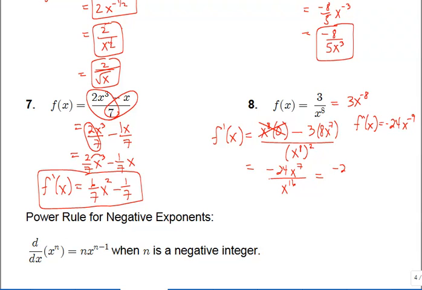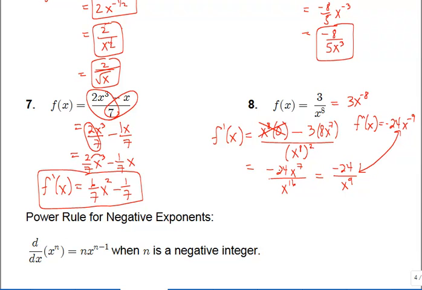I'm going to leave the -24 on the top, and I'm going to put my answer in the denominator and make that exponent positive because 16 is bigger than 7. So 16 minus 7 should be a 9, but because the bigger power was in the bottom, that's where my answer should go. So that's exactly what we would have gotten if we had just moved that x up to the top to begin with and used our power rule.